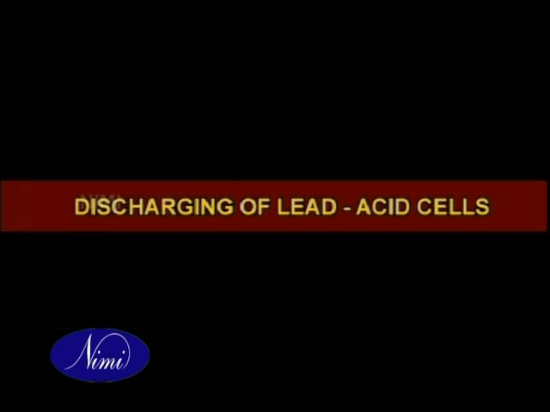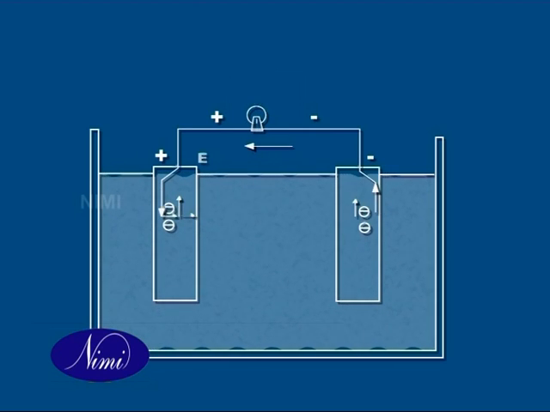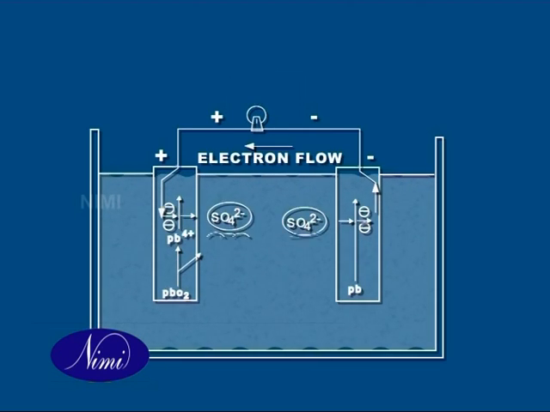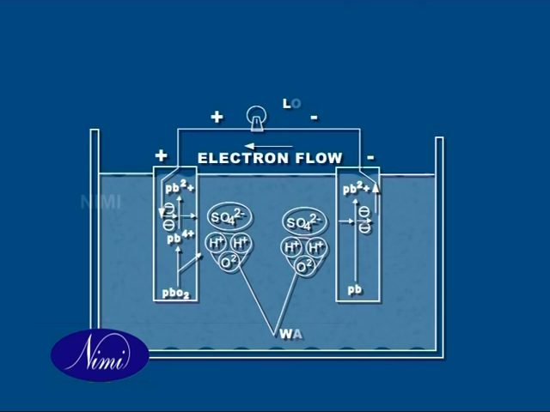Discharging of lead-acid cells. The chemical reaction that takes place during the discharging of a lead-acid cell is shown here. During discharge, the lead in both the electrodes reacts with sulfuric acid to displace hydrogen and form lead sulfate. The lead sulfate, which is somewhat insoluble, gets partially coated on both the positive and negative plates.